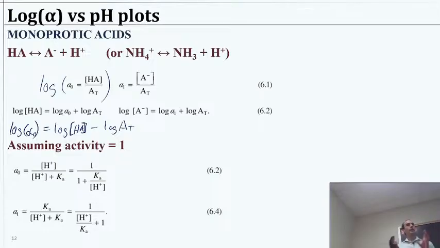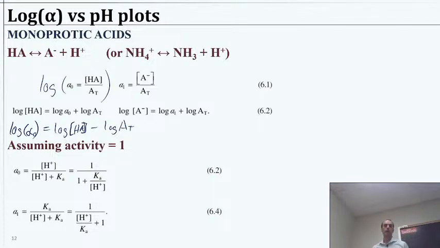Now I'm saying this because when we pause a moment and think about this, log of alpha, if we can get one of these other pieces in terms of pH instead of these variables, then we can suddenly plot a linear relationship very conveniently on a log-log plot.